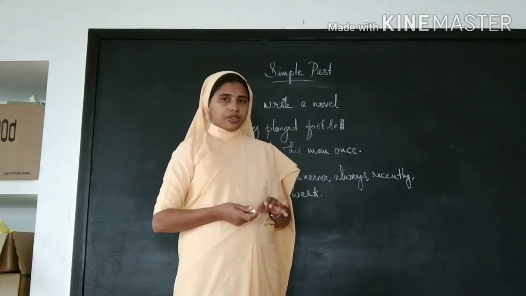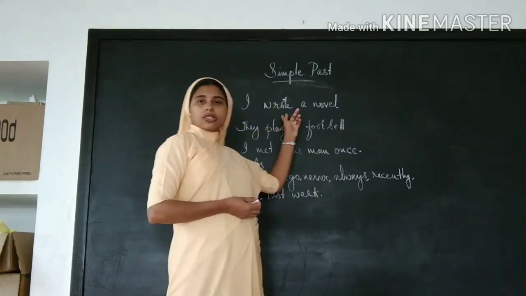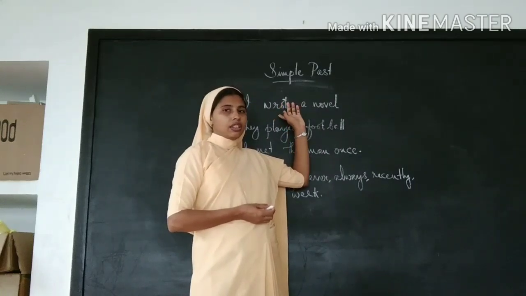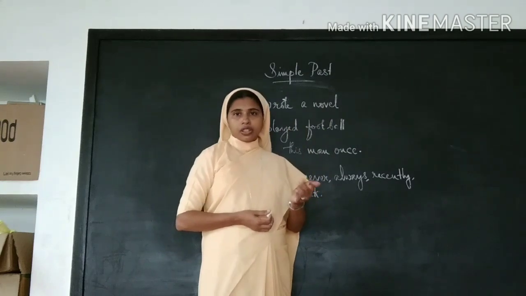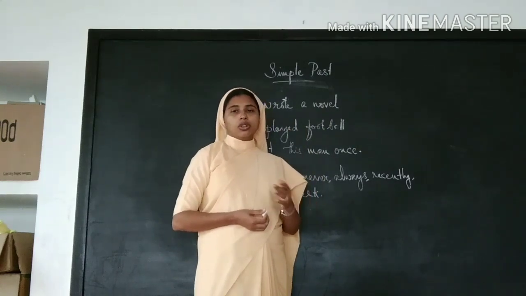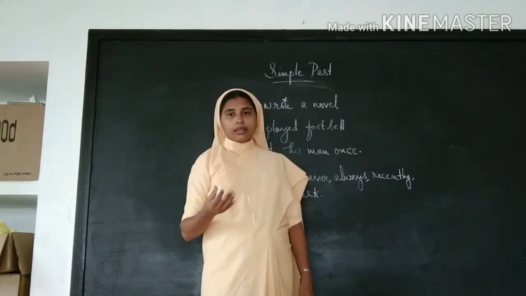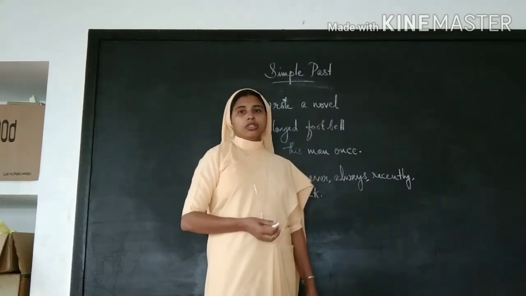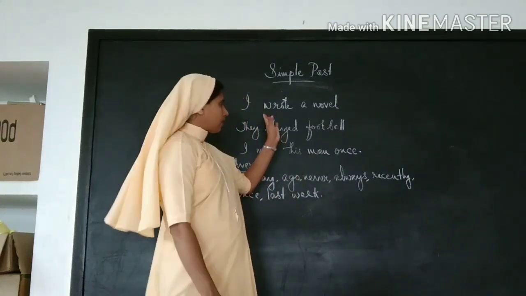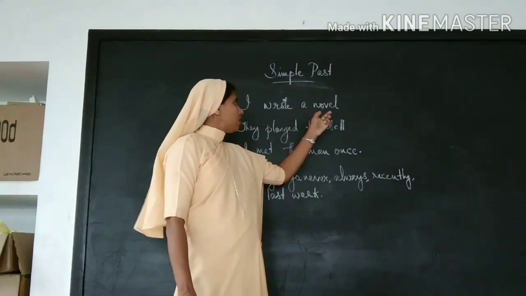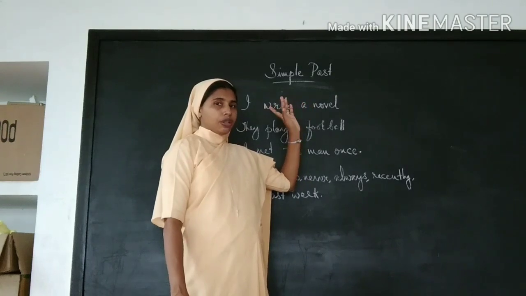If you see the structure of the sentence, subject plus which form of verb will be used here? V2 form. For example, come, came; jump, jumped; cooked; eat, ate. The verb 2 form is used to make simple past tense. The structure is subject, verb, object, where the verb is the V2 form.